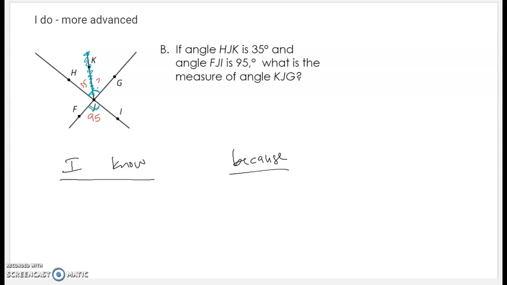So the first thing I know is that angle HJG, ignoring that middle part, is equal to 95 degrees because it is vertical to angle FJI. So I know that full thing is 95.